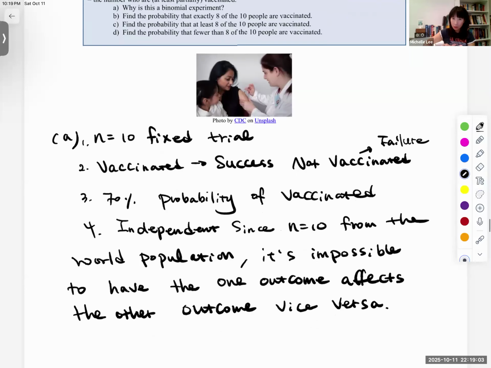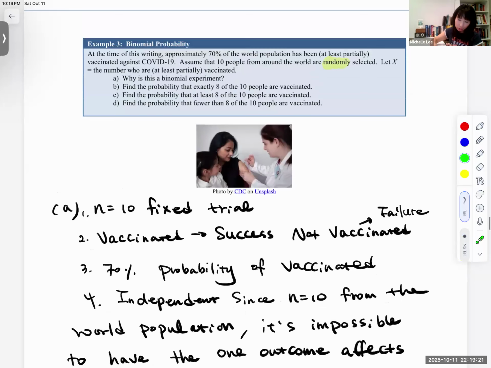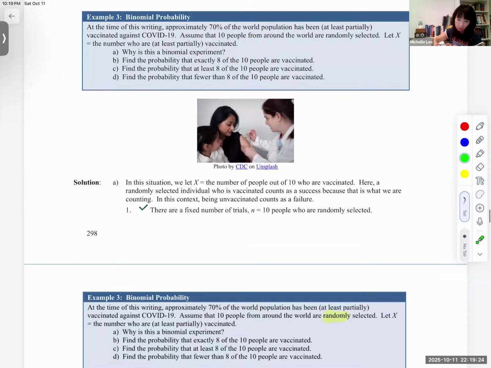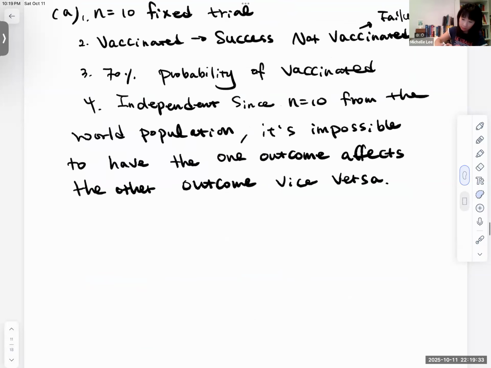Okay, so I wrote down this one. All right, so let's take a look at the second one: find the probability that exactly 8 of 10 people are vaccinated. So what's the formula? Let's use the formula here.